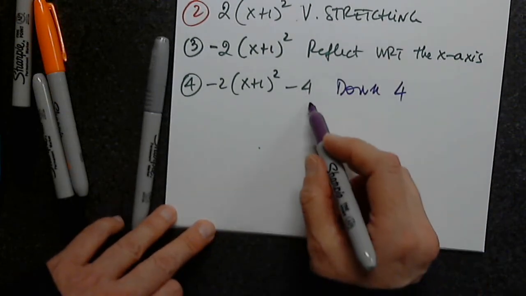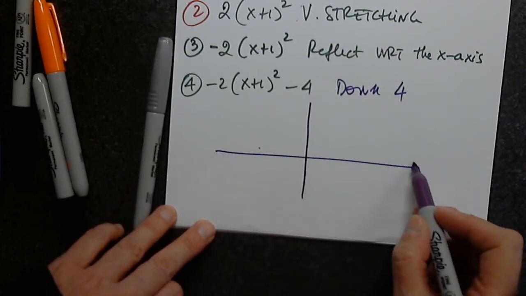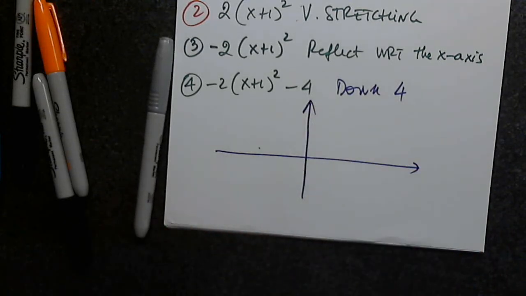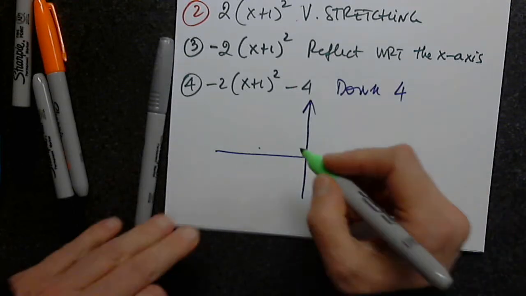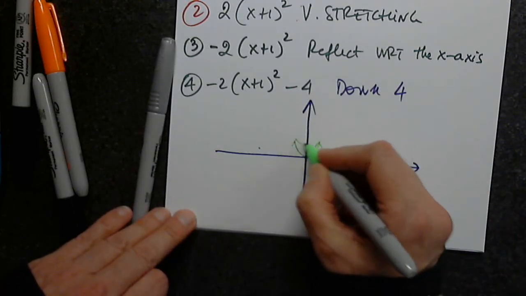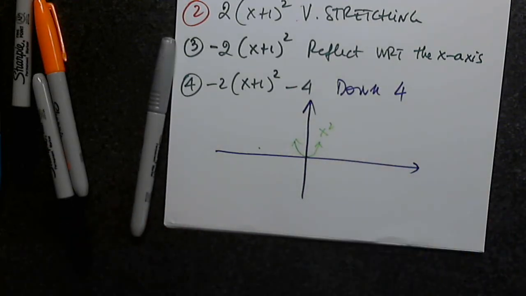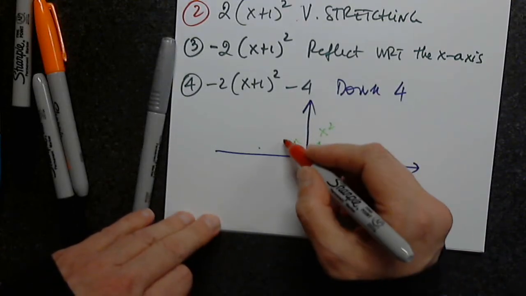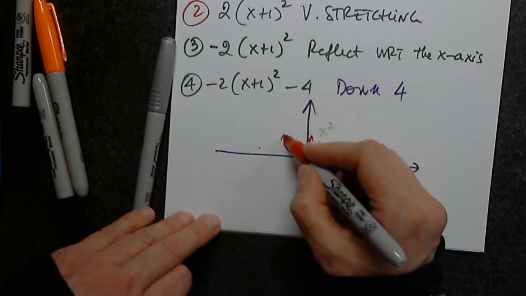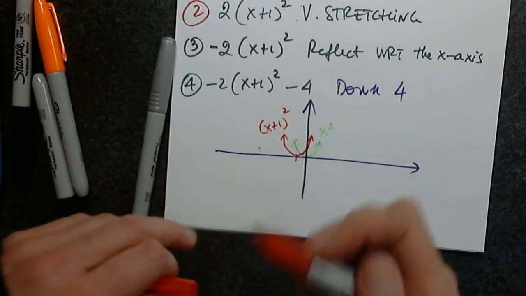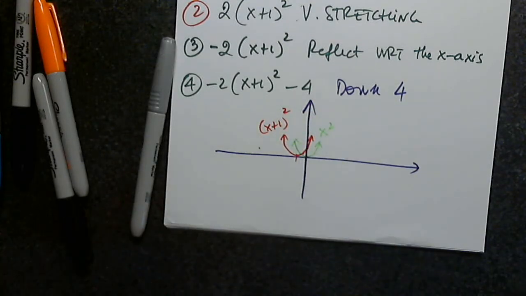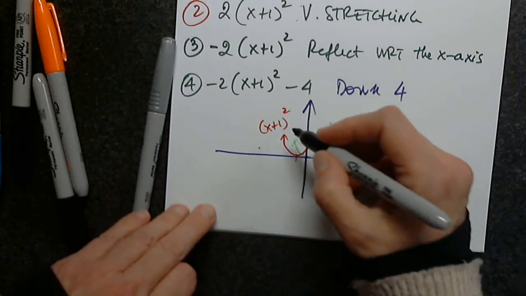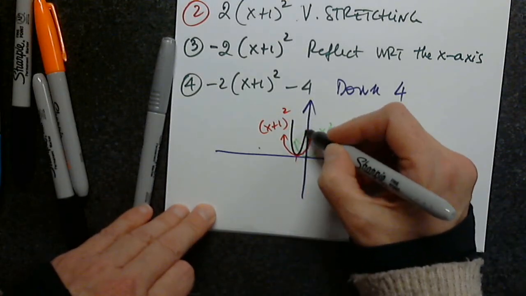Excellent. Okay, I start with the base function, the simplest function used here, which is this. Then you told me to shift it left 1. Okay, fine, I'll shift it left 1 right here. Then you told me to stretch it by a factor of 2. Okay, I'm stretching it by a factor of 2.